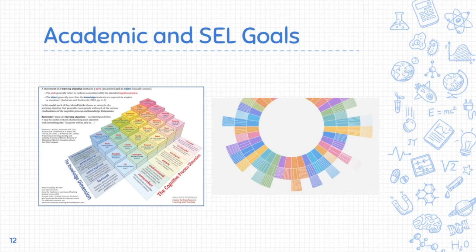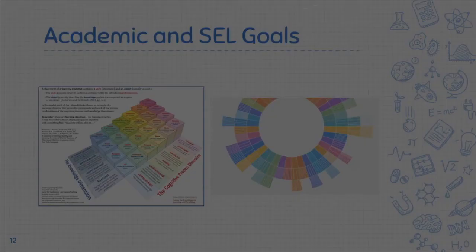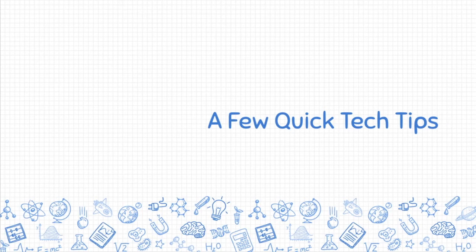The other graphic, though not nearly as descriptive, the link will take you to a useful place, and that goes to one of the Harvard School of Education projects about socio-emotional learning, where they've mapped socio-emotional learning objectives across a number of different frameworks.